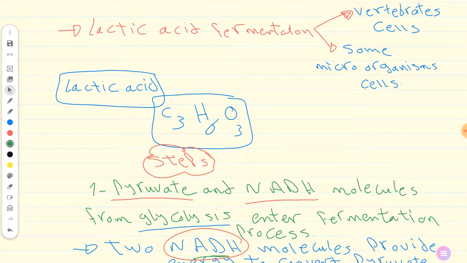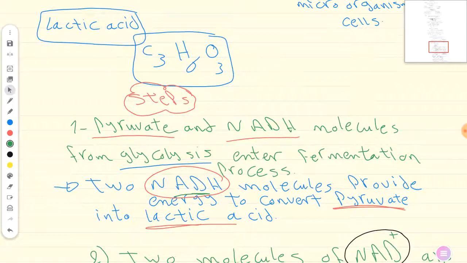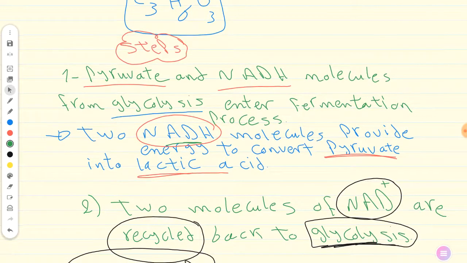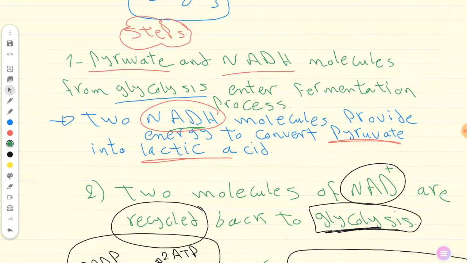The chemical formula of lactic acid has 3 carbon atoms: C3H6O3. What about the steps of lactic acid formation? Lactic acid fermentation. Firstly, we said that glycolysis occurs, and for it to continue, the fermentation process takes place.